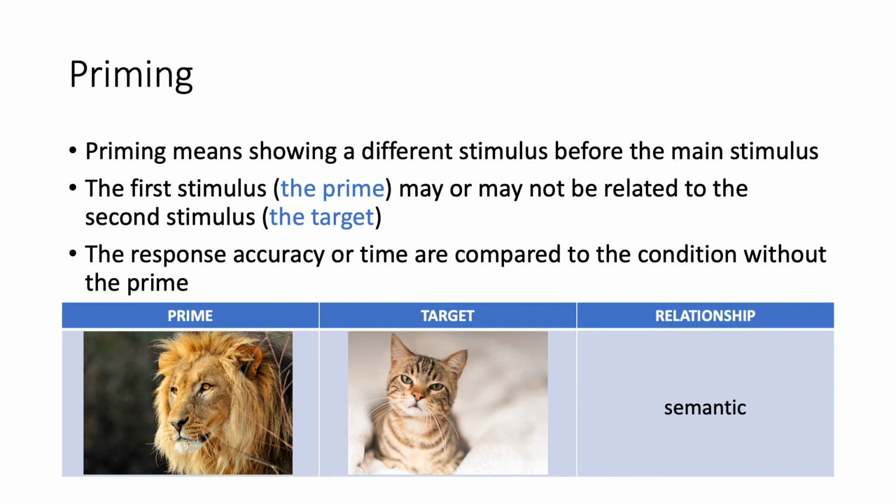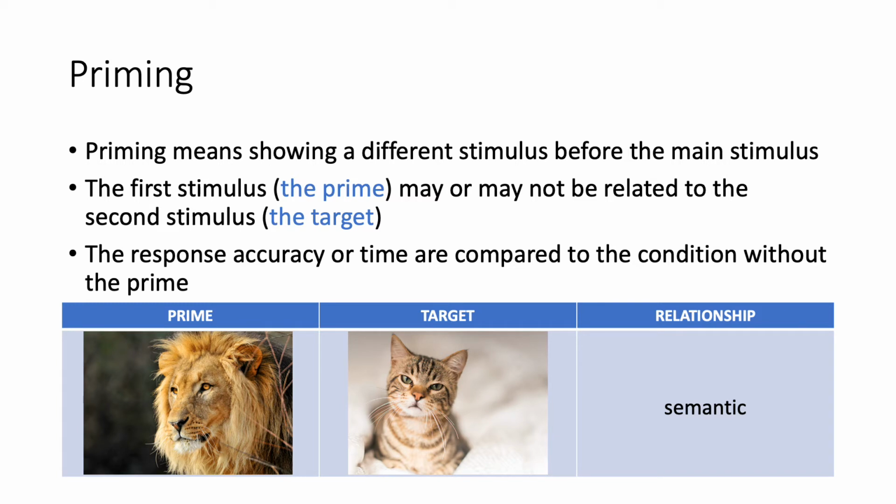The first stimulus is called the prime, and the second stimulus is called the target. Then we check whether our participants respond in a different way to the target, for example, if they are slower to respond or less accurate to respond, if the prime is related in some way.